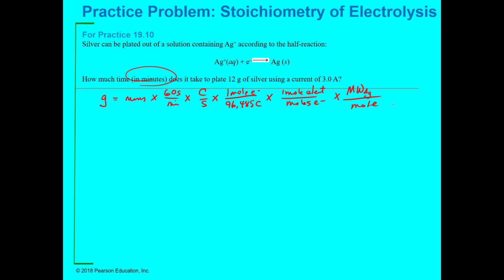Okay, so this time I'm telling you how many grams of silver you plated, and I told you what the amperage was, and I want you to tell me how long it took.